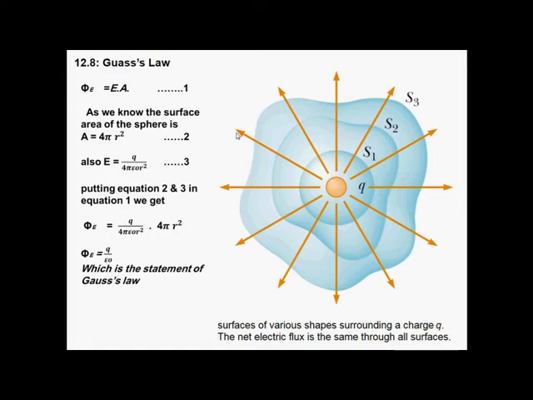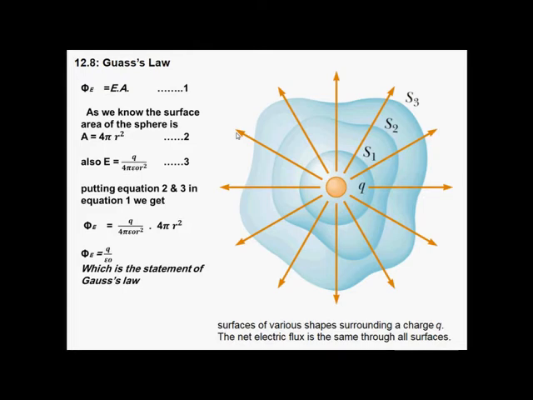And we also know that the electric field intensity due to a single point charge is equal to Q divided by 4 pi epsilon naught r square. By putting these two equations in equation number 1, we get total flux is equal to E, that is Q divided by 4 pi epsilon naught r square, multiplied by area, that is 4 pi r square.